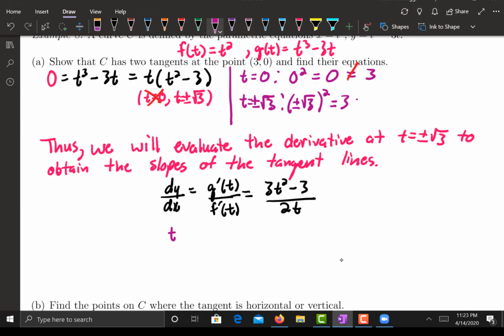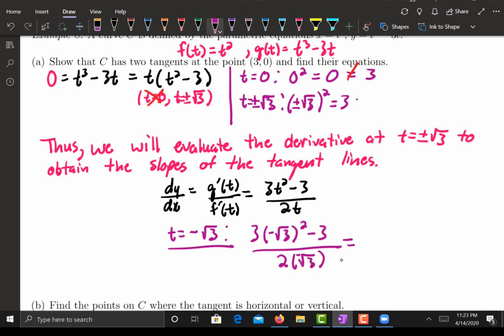And now, with that, I have my general derivative. Let's plug in some points. I'm going to now plug in negative square root of 3. Let's see what I get. I get 3 times negative square root of 3 squared minus 3, over 2 times negative square root of 3. Negative square root of 3 squared will give me 3. 3 times that 3 will give me 9.